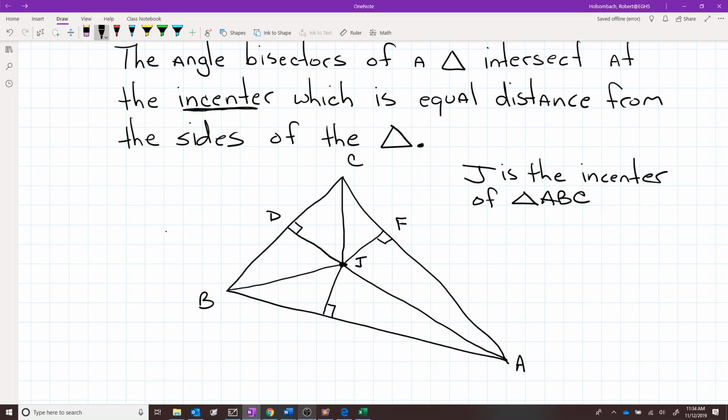The other given information is angle JBE is 34 degrees. Segment EA is 12. Segment JA is 15.